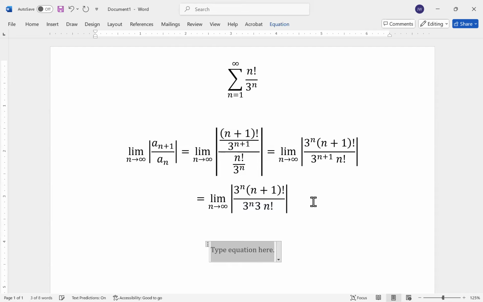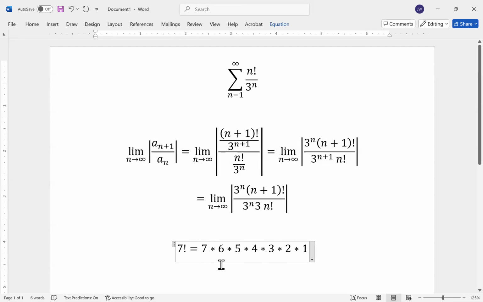So if we have something like 7 factorial, we'd get 7 times 6 times 5 times 4 times 3 times 2 times 1. Or if I wanted to rewrite that, I could say 7 factorial is actually 7 times 6 times 5 times 4 times 3 times 2 times 1, which is just 6 factorial.